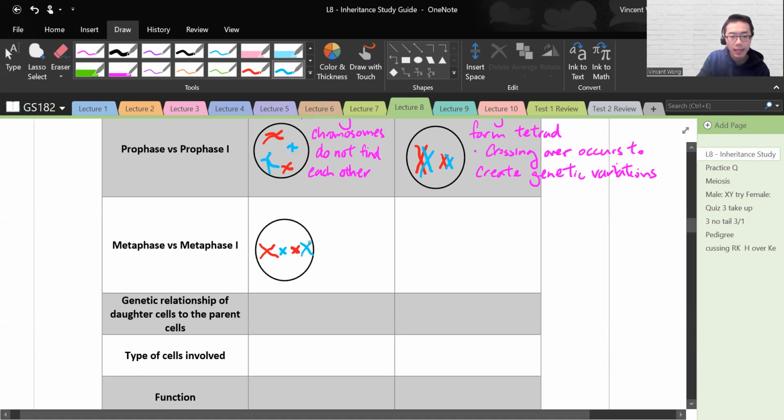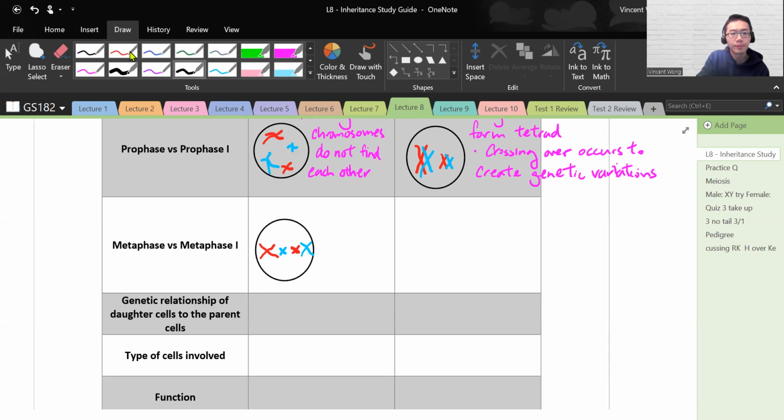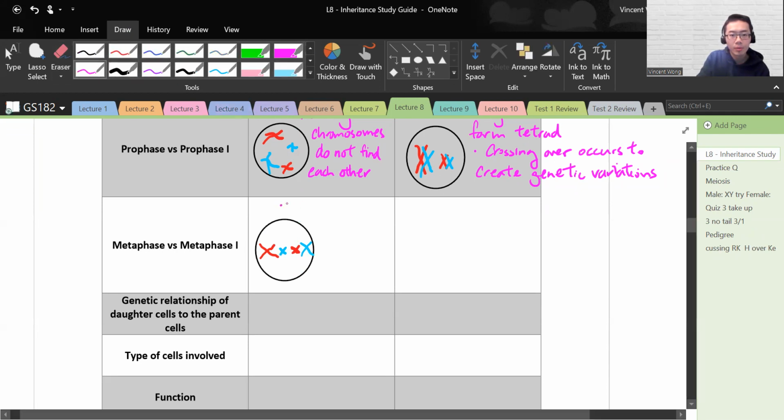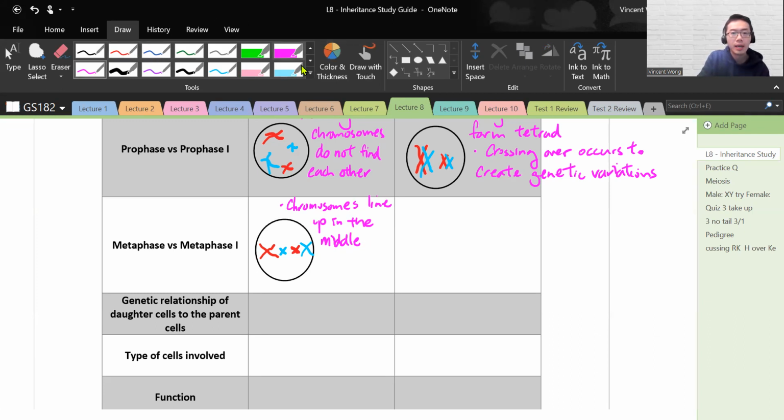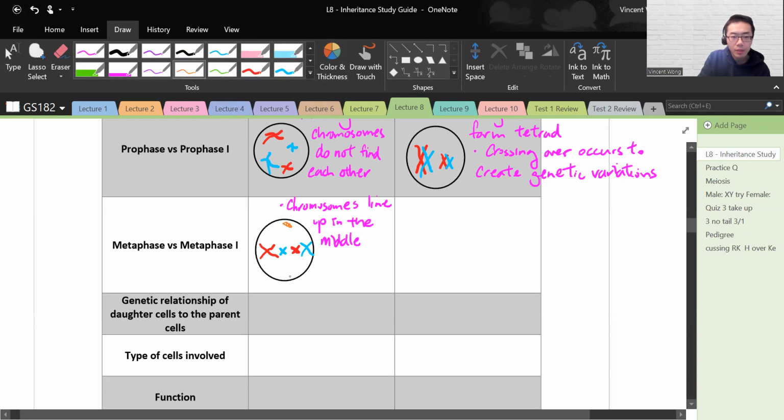So they all line up in the middle of the cell, of course. And that would be the centrioles here, and then you will have the spindle fibers, right? Like that.